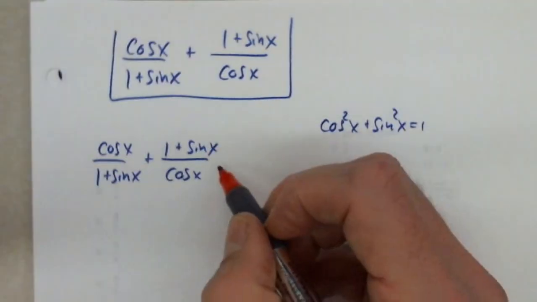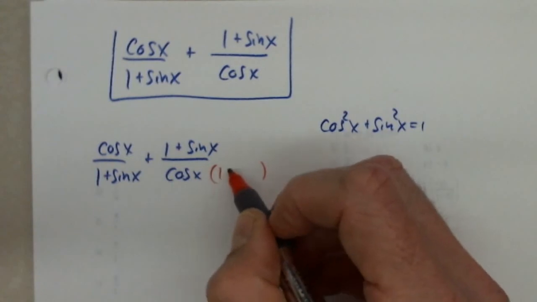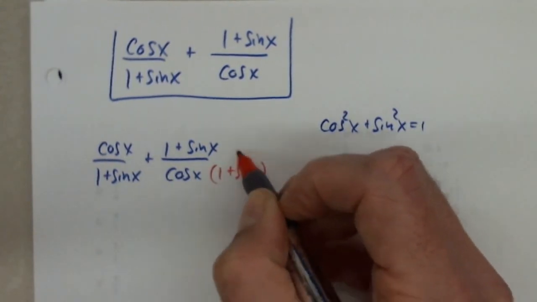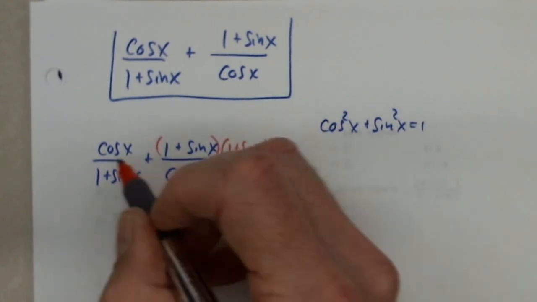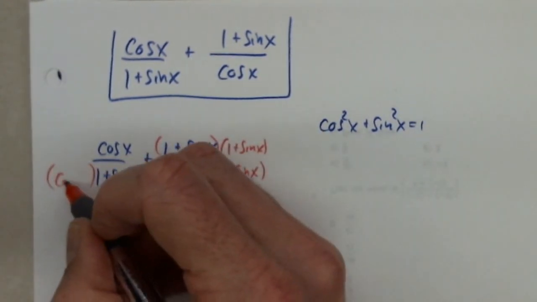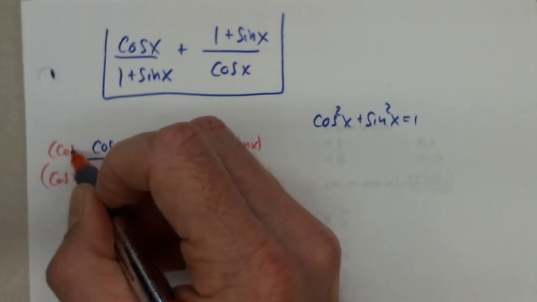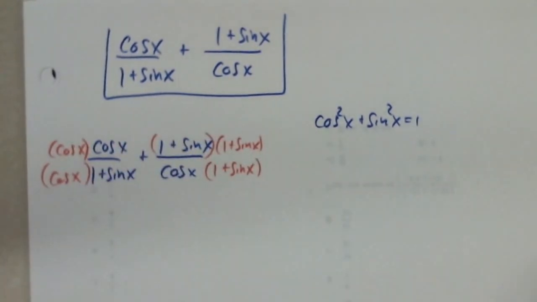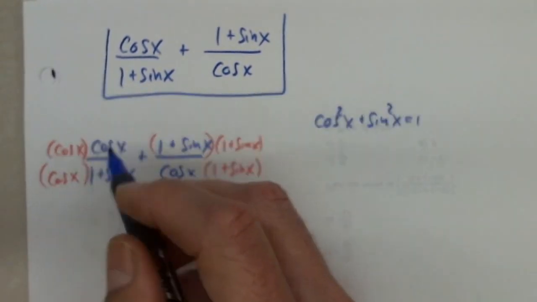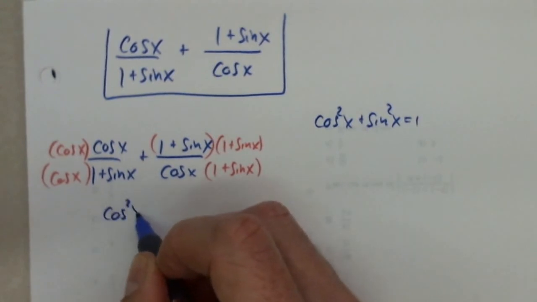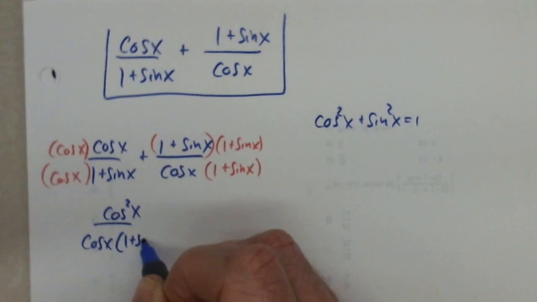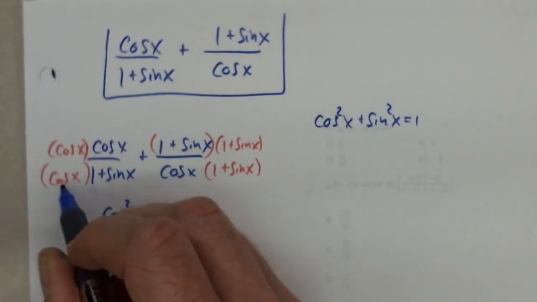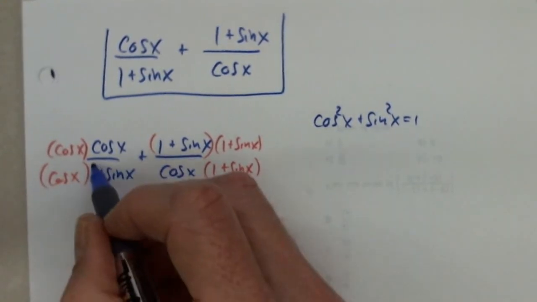We need a common denominator, so we have to multiply this by 1 plus sine. We need to multiply this by cosine. That'll be cosine squared. Cosine, just leave that, don't distribute it.